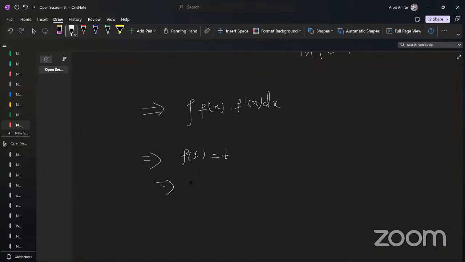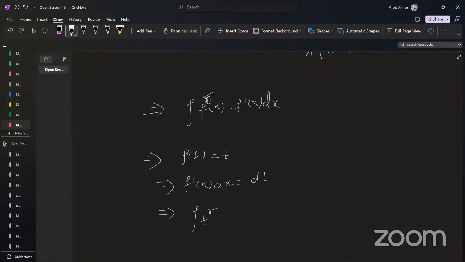Then what will be my dt? It will be f prime x into dx becoming my dt. Then substitute here. It is not exactly f(x), any power can be here.